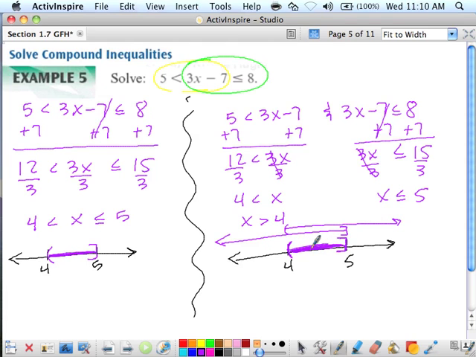And no matter which way we solve it, what's our final answer? Give it to me in interval notation. Parentheses 4, 5 bracket. If you want to go back and replace these with open and closed circles, this would be open, this would be closed, but we would still shade in the middle.